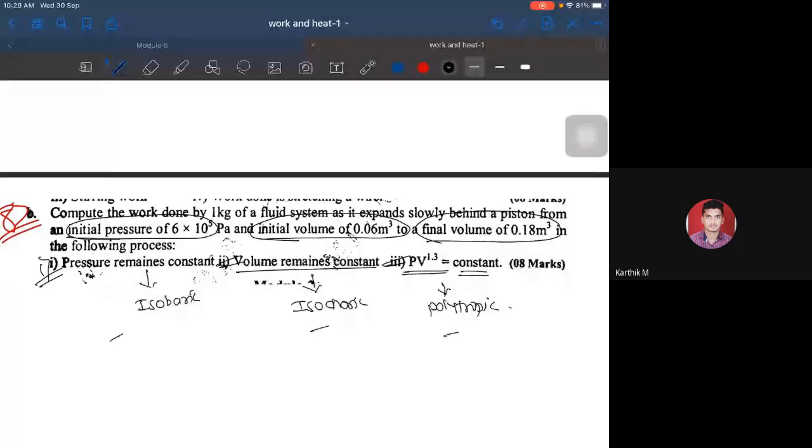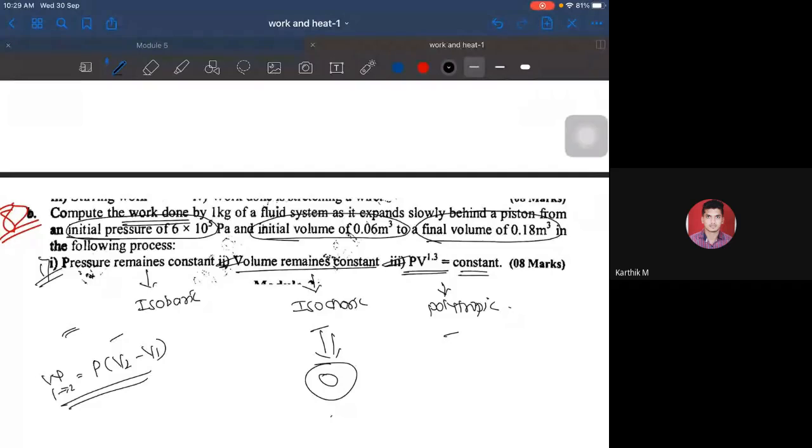For an isochoric process, I can write the work done straight away as 0 without any calculations. For an isobaric process, the work done from 1 to 2 is given by P into (V2 minus V1).